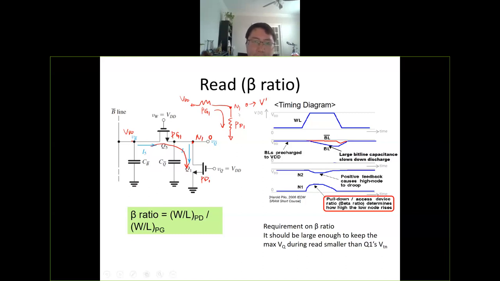Here we want this voltage increase to be as small as possible, because after you are done with the read, you want the N1 node to go back to 0. When you read out the data, you don't want to change the data. So you want N1 to return to 0 after the read operation. That means when you do the read operation, N1 cannot increase too much.